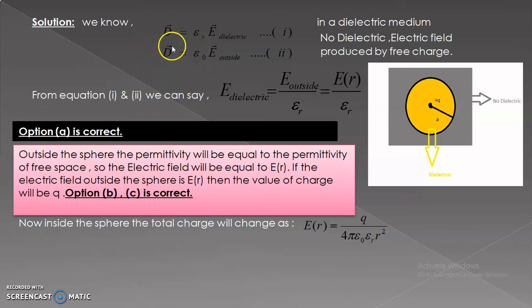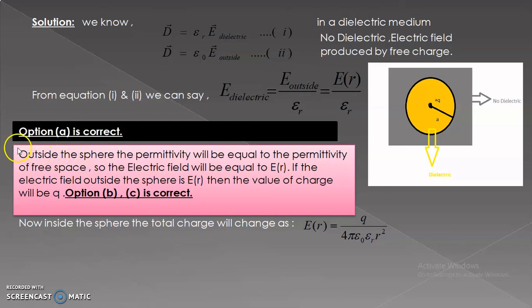Now by comparing equations 1 and 2 we get that E of dielectric is equal to E of outside by epsilon r. Now what we have been provided, that E of r is the equation of electric field, for r greater than a, if a is the radius of the sphere, by epsilon r. So a is a correct option.